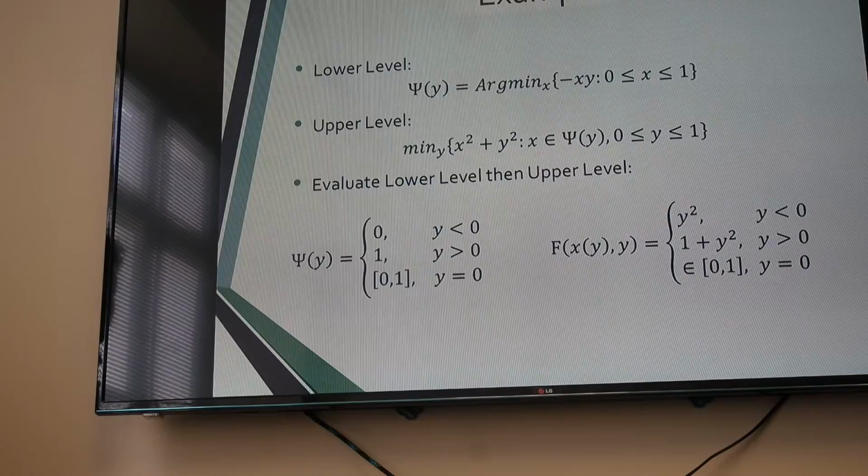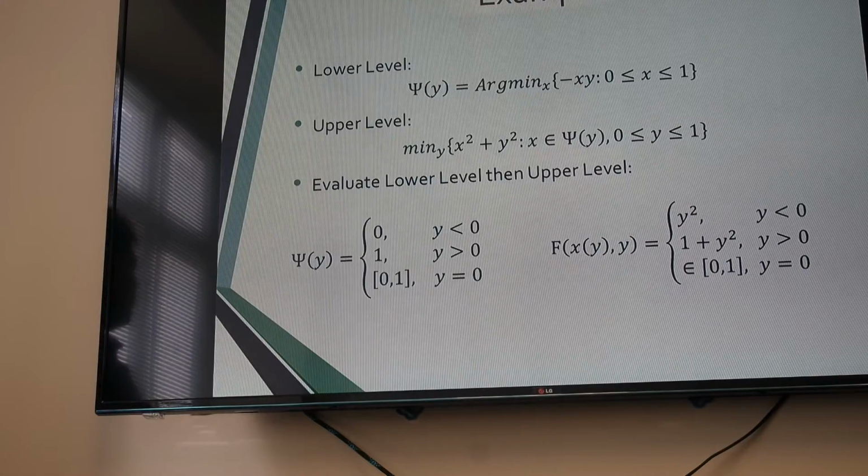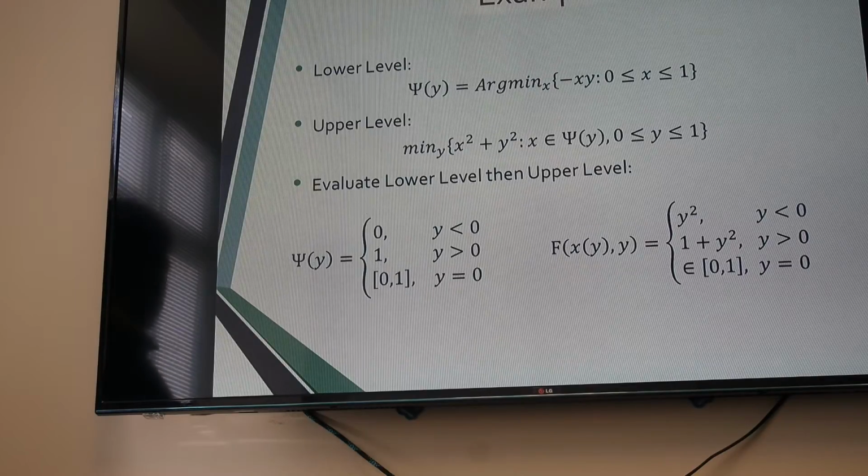Okay, so I will give you two simple examples, just to show you how easy it is to solve numerically when it is small. But even when we can solve it numerically, using an algorithm will be difficult because it won't be a simple problem.